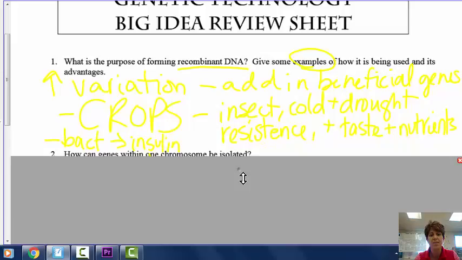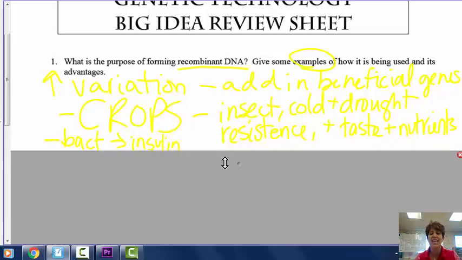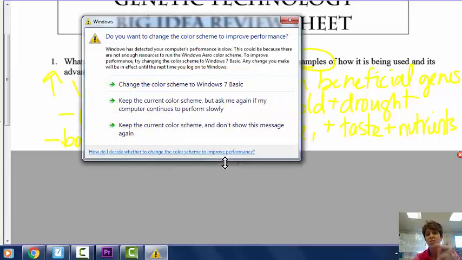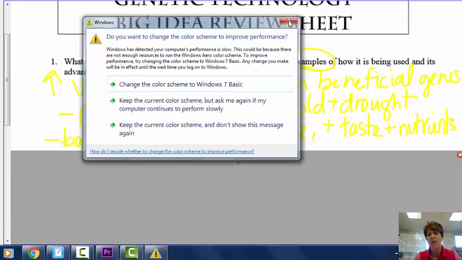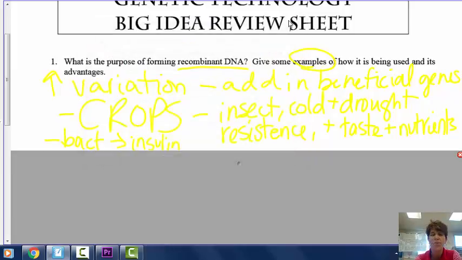We have been able to manipulate crops so that they can have extra genes, that maybe they have extra nutrients because of their ability to transcribe and translate that DNA, or maybe they are insect resistant or pest resistant in some way, so things aren't eating them. Maybe they are cold resistant or drought resistant, something to give them a better chance of survival. A gene that another organism had is cut and taken out of that organism and put into this organism.